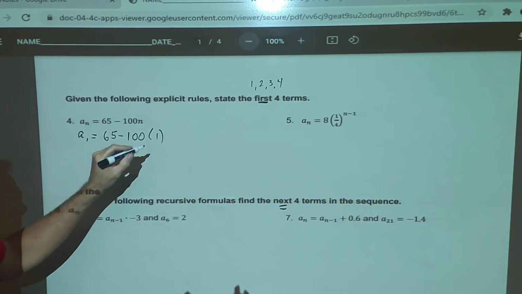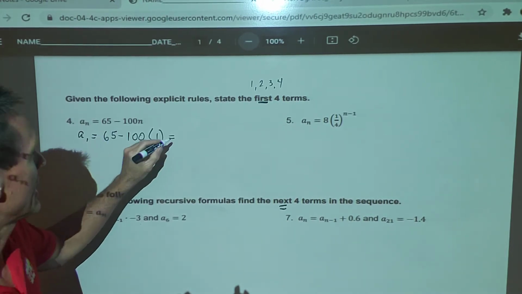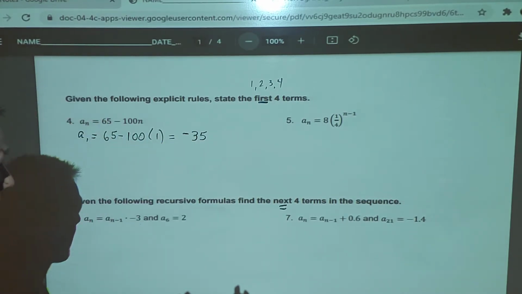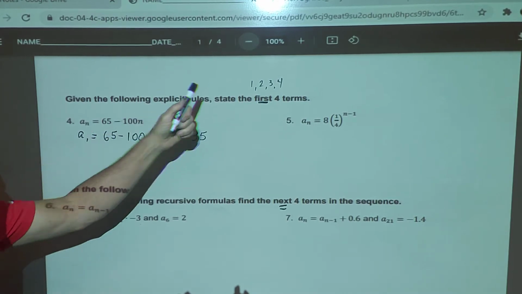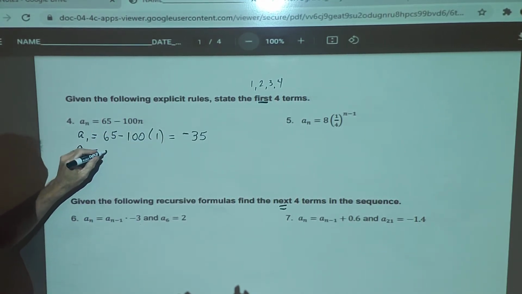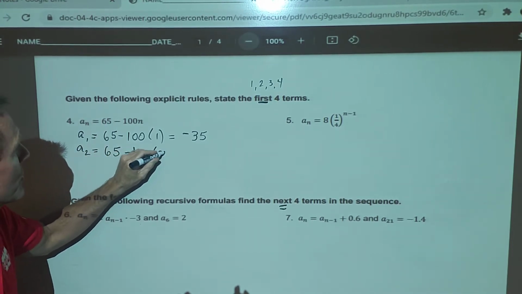Okay, and then if I work that out in a calculator, whether that calculator is in your hands or between your ears, that would give me negative 35. Okay, so that's the first term in the sequence. To find the next term, which would be a sub 2, we will go 65 minus 100 times 2.